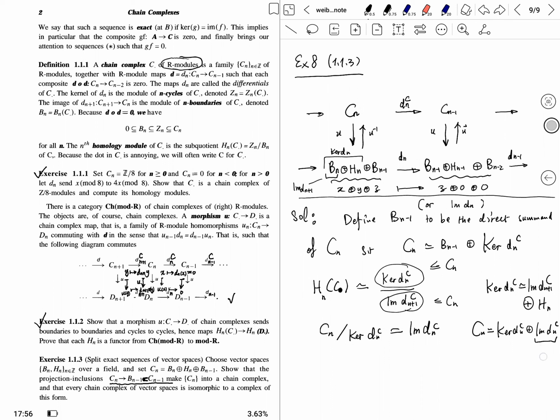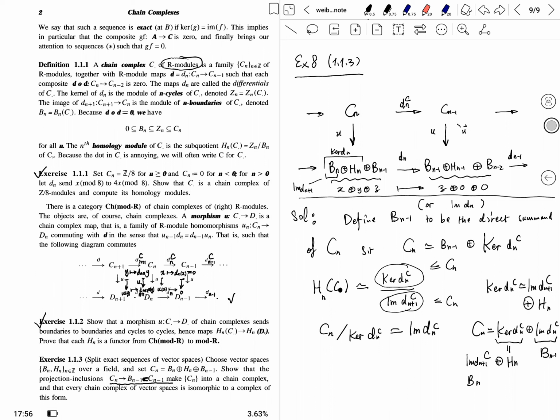We just define this as our B_{n-1}. It is the image of D_n, and it's also the complement of the kernel of D_n. We are rewriting this kernel of D_n further as H_n direct sum with the image of D_{n+1}, which is B_n. Anyway, we have defined a complex.